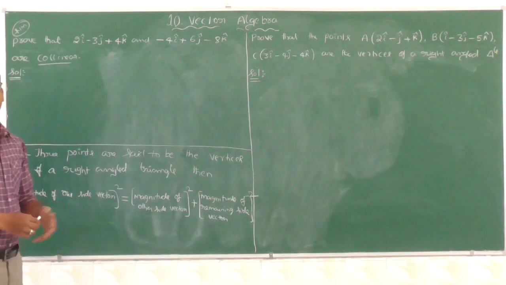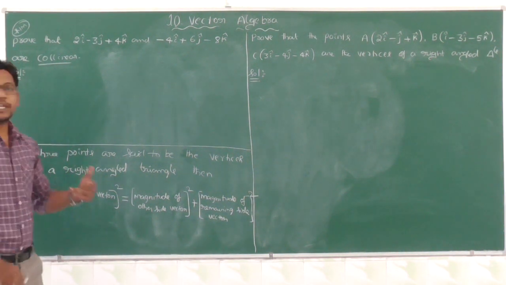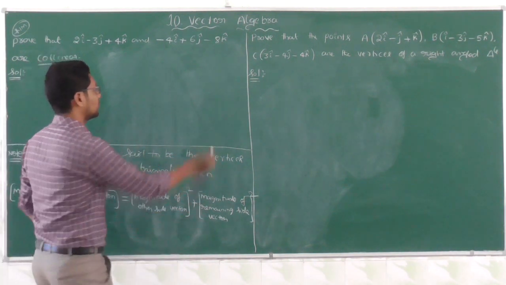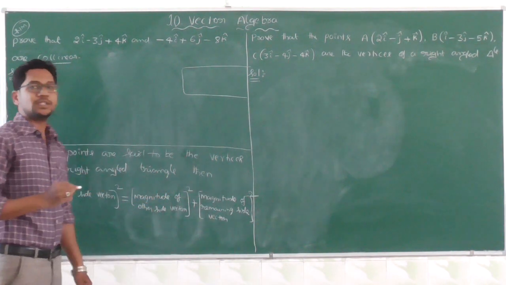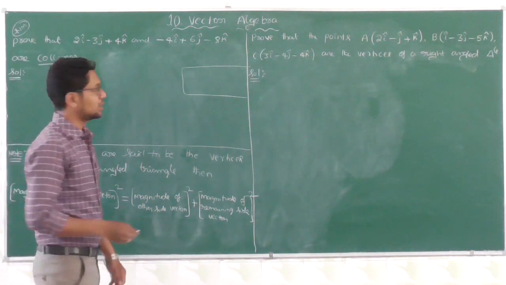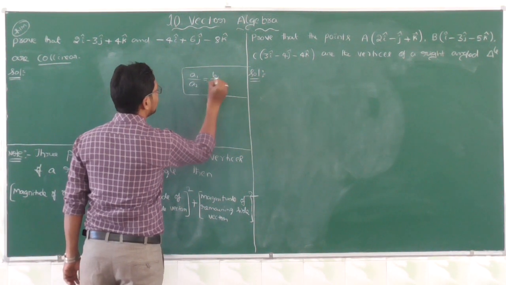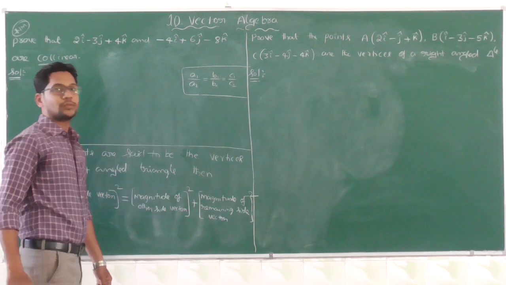If two vectors are parallel or collinear, then the ratio of their components are equal. You just remember this. I told you this condition in our previous class: a1 by a2 equals b1 by b2 equals c1 by c2.